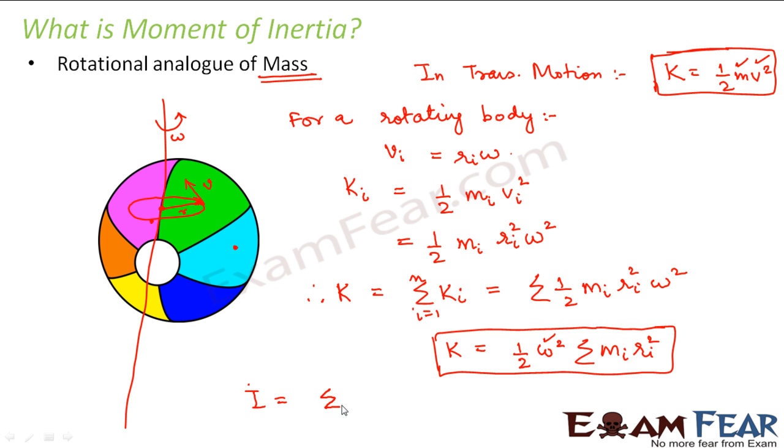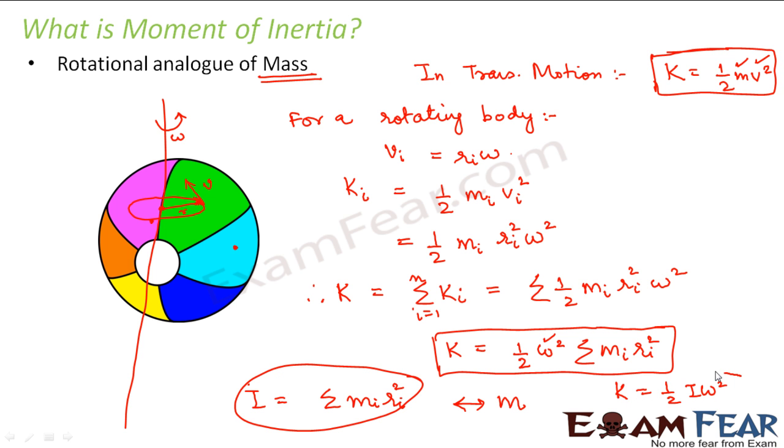We define moment of inertia as the summation of mi Ri square, and this is the rotational analog of mass in linear motion. So we write kinetic energy as half I omega square. This is how we define rotational kinetic energy. From this we proved that moment of inertia is the rotational analog of mass.